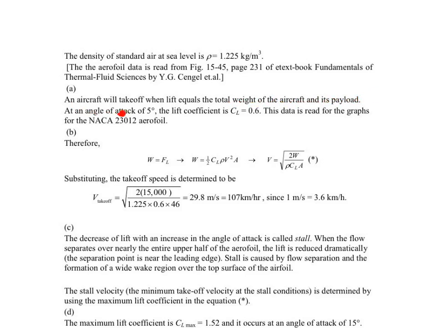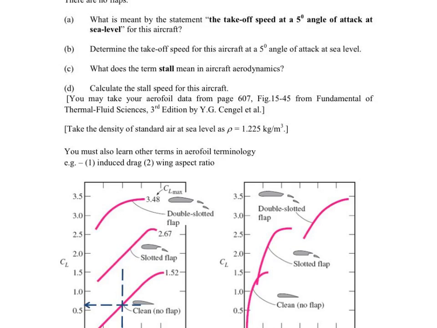At an angle of attack, the lift coefficient CL is 0.6, the data is read from the NACA 23012 aerofoil data sheet. So let's go back and look at that aerofoil sheet.